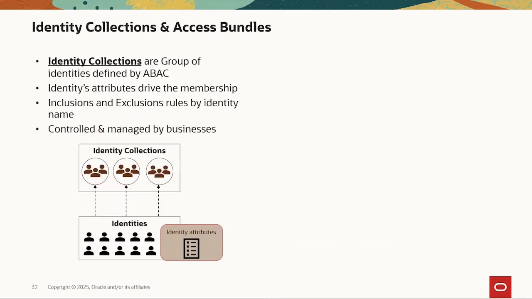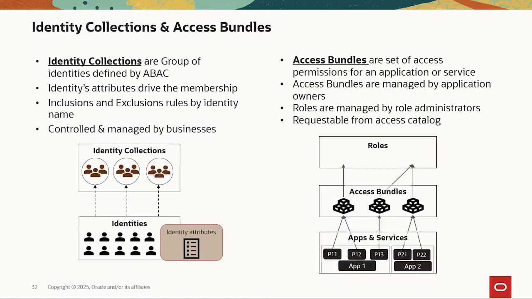Imagine you have to give a specific permission or provision a specific access to hundreds of users. That will take a lot of time and will be an error-prone exercise. So access governance introduces two new concepts with this service or with this product: identity collections and access bundles.